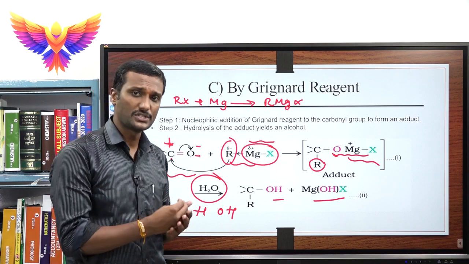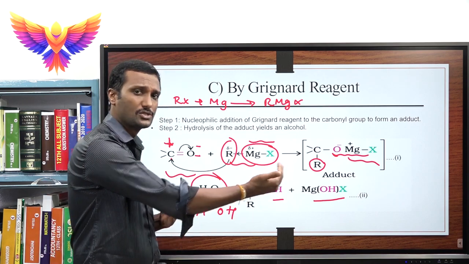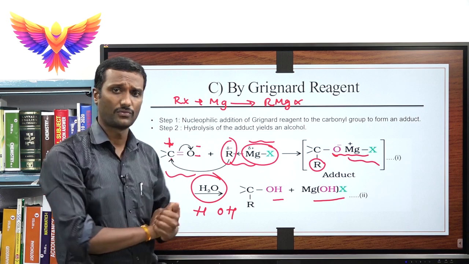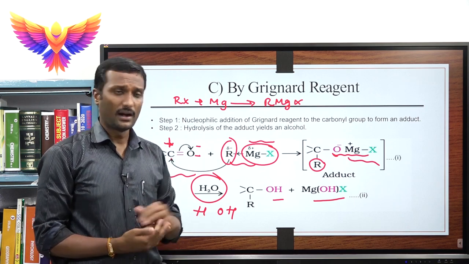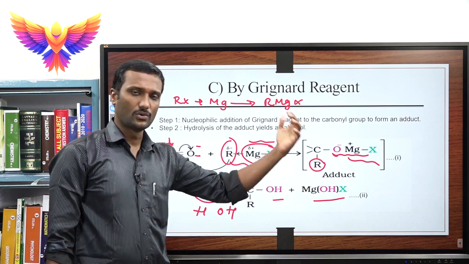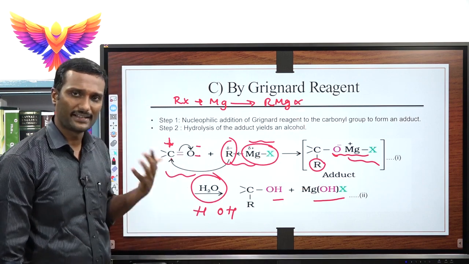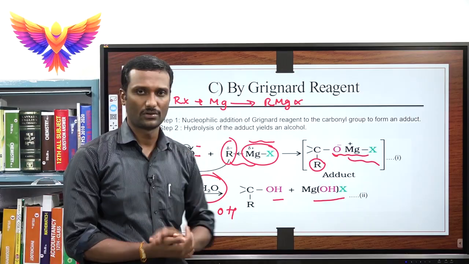Also, questions will ask what product is obtained when you take different carbon atoms attached to the aldehyde and ketone. They may also ask, to get this product, what reactant you will take to react with a Grignard reagent.